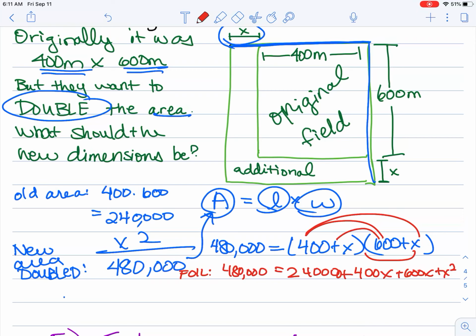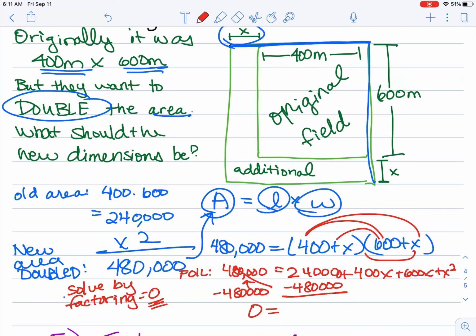In order to be able to factor and solve this, so if we're gonna solve by factoring, we have to have it set equal to 0. And right now, it's not. So in order to have it set equal to 0, we're gonna minus this over.